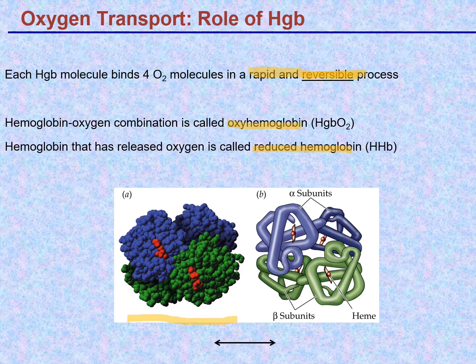This is some artist's interpretation of the same molecule. But the idea is that you have 4 polypeptide strands, 2 identical alpha subunits and 2 identical beta subunits, each having a heme at the center of the 4 polypeptides.